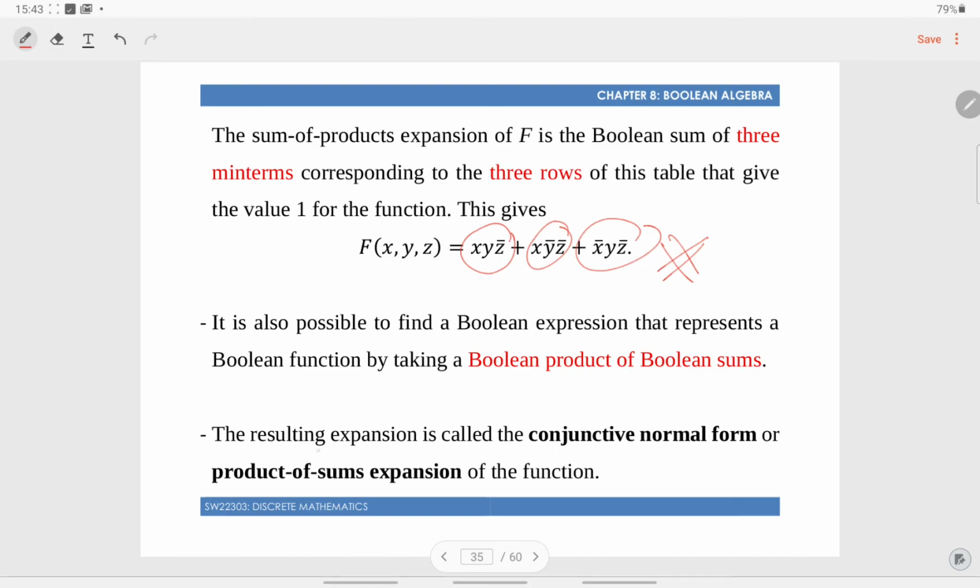The resulting expansion is called conjunctive normal form. Previously we had disjunctive normal form. So this time, Boolean product of Boolean sums is called conjunctive normal form, also known as product of sums expansion of the function.